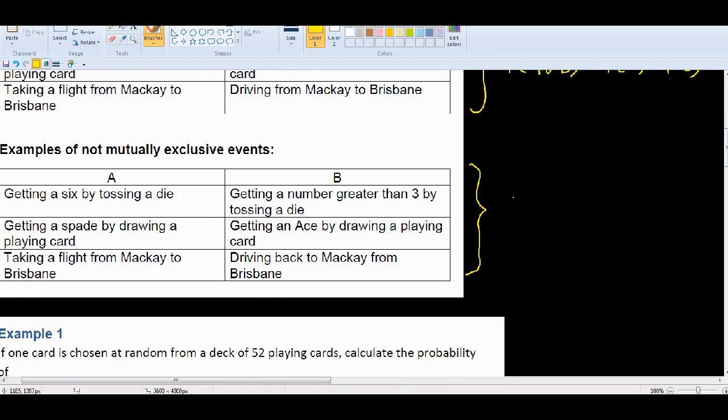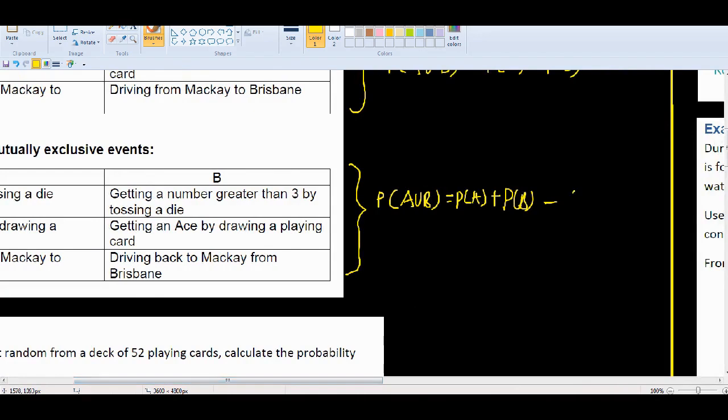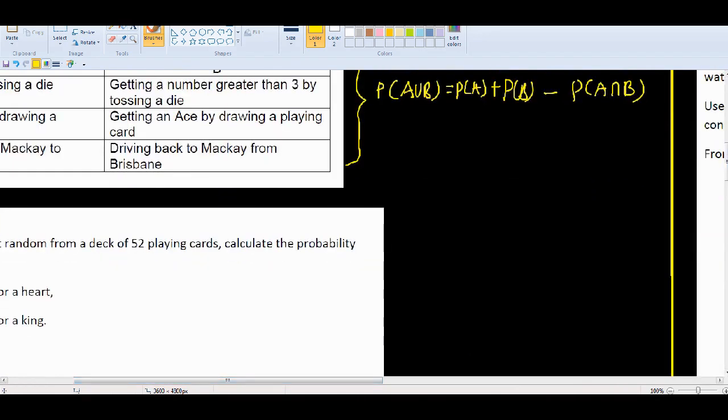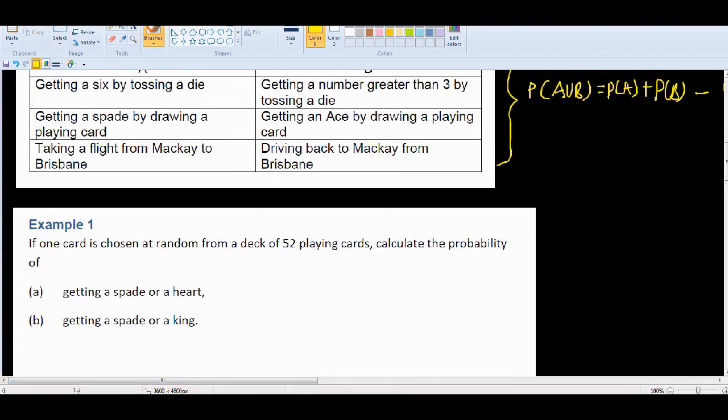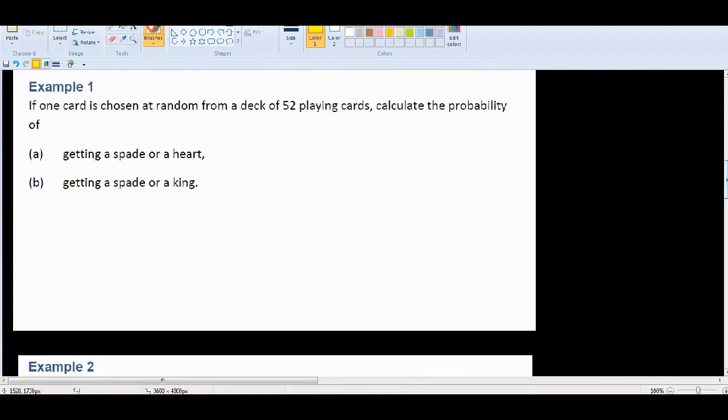For not mutually exclusive events, then it's probability of A plus probability of B minus probability of A intersect B. Alright. Okay, so let's give you some examples.